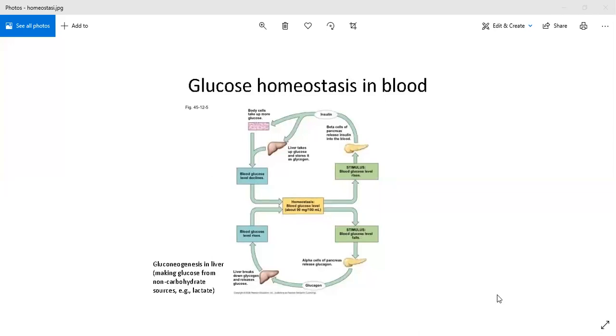We said that the hormone responsible for the homeostasis of water is ADH, anti-diuretic hormone, or vasopressin. And the hormone responsible for the homeostasis of sodium and potassium ions is aldosterone.